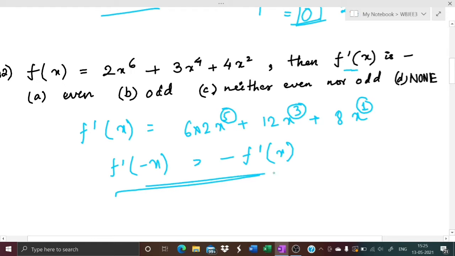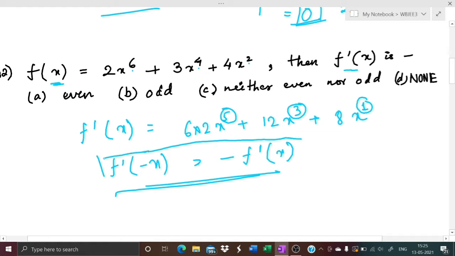Okay, so you can see that in case of f of x, it is an even function, because for f of x, if you put minus x, and since these terms are all even powered, f of minus x would be equal to f of x only, but in case of the derivative it is coming as minus of f dash of x.